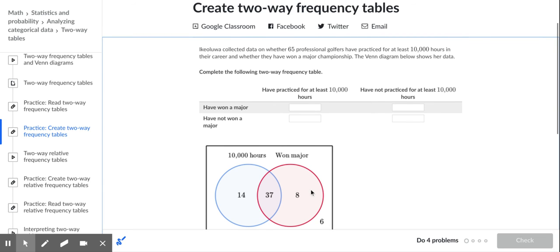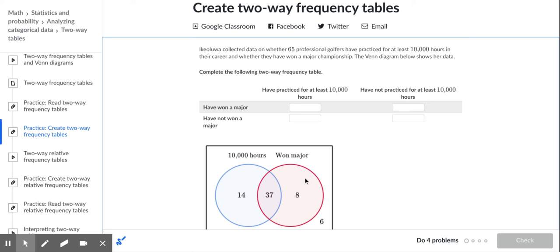So there were 65 professional golfers surveyed. That's the total. We're given that. And then here we were told, 14 practiced 10,000 hours but didn't win a major championship. 37 did both, right?